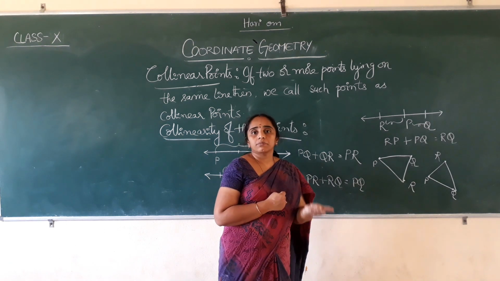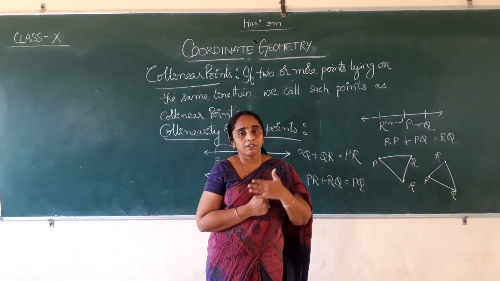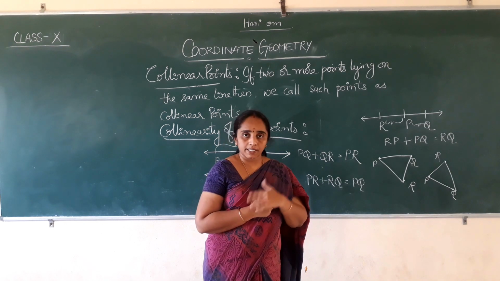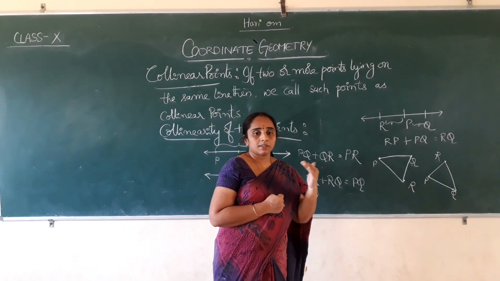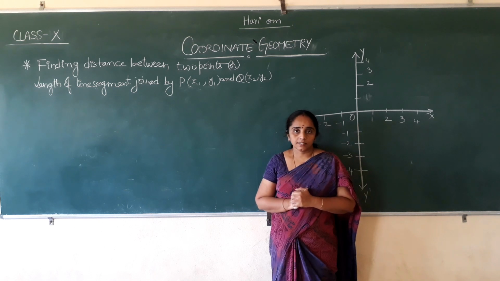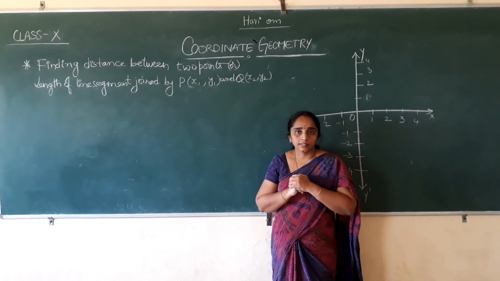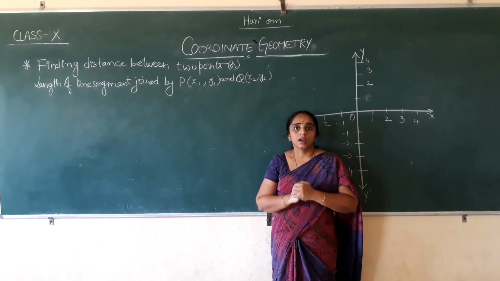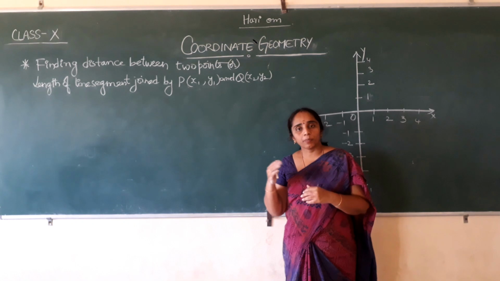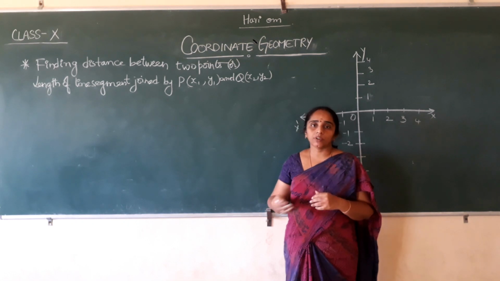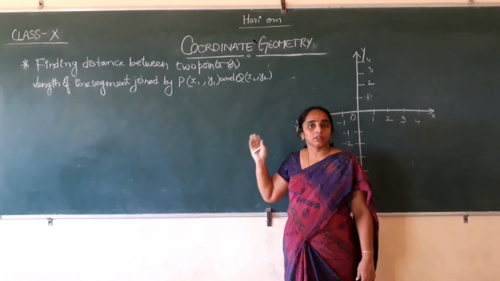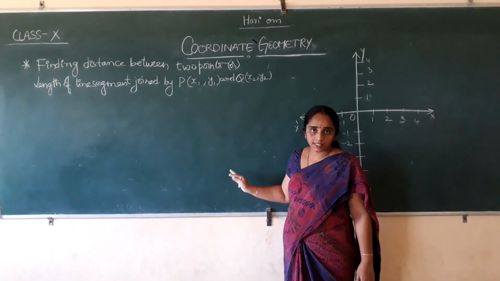Basing on properties, we can decide which type of quadrilateral we get by calculating the distances between them. In the previous class, we discussed the Cartesian plane and 4 quadrants, how the points will be in the 4 quadrants, that is, the general form of points or coordinates in the 4 quadrants.